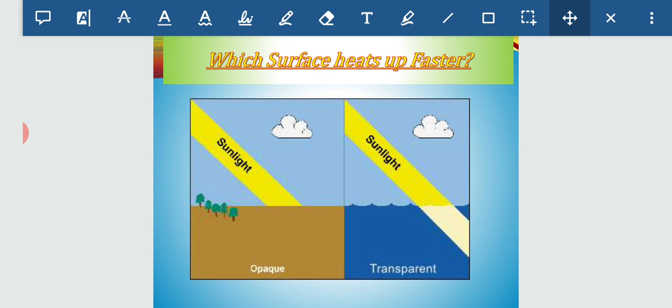Because land is opaque. The sun rays can move inside, but cannot move to a deeper depth, and in that order it cannot radiate back. So it is opaque in nature, and the water surface is a transparent one. So the sunlight is able to reach the bottom layer of the water, and gradually it heats up the water and maintains the temperature for the entire body from the bottom to the top.